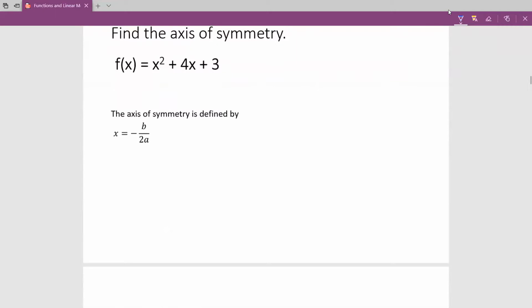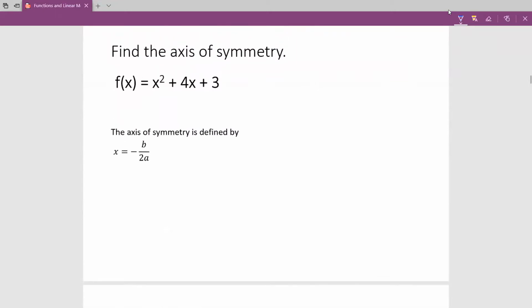And now let's find the axis of symmetry. Since x is equal to minus b over 2a, that would be minus 4 over 2 times 1, equals minus 2. So x equals minus 2 is the axis of symmetry.